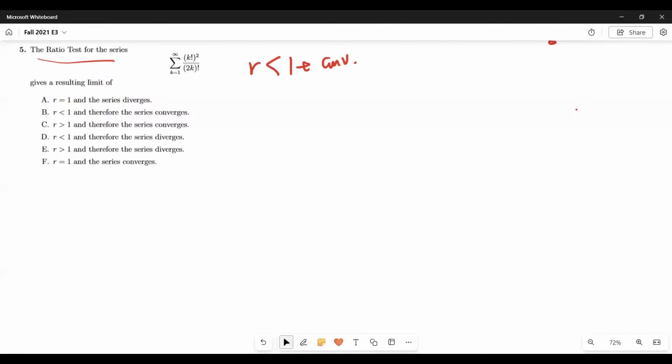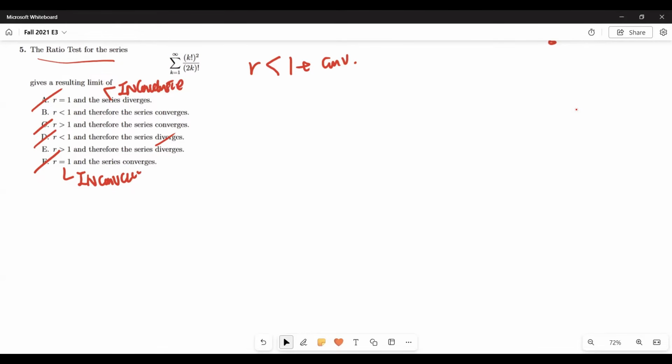So C is not the right statement, and D is also not the right statement because it's not saying converging. F is inconclusive if r is equal to 1, so it is also not right. So that means A is also not right, inconclusive, and if r is greater than 1, then it's diverging. Okay, so it's going to be either B or E.